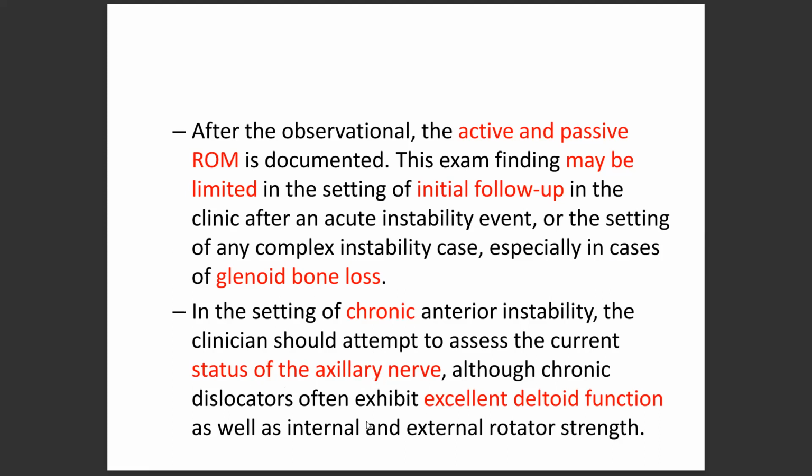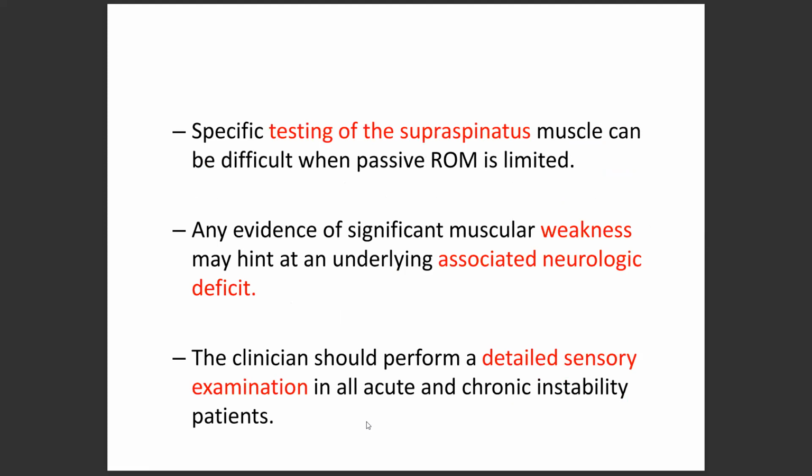Similarly, we will check the strength of the rotator cuff muscles, specifically the internal and external rotators. Specific testing of the supraspinatus muscle can be difficult when the passive range of motion is limited. So when the patient can do some abduction, then we can check the supraspinatus.